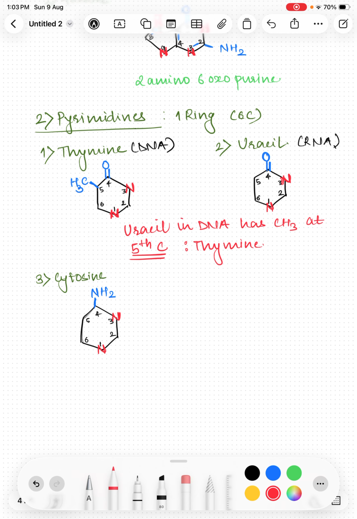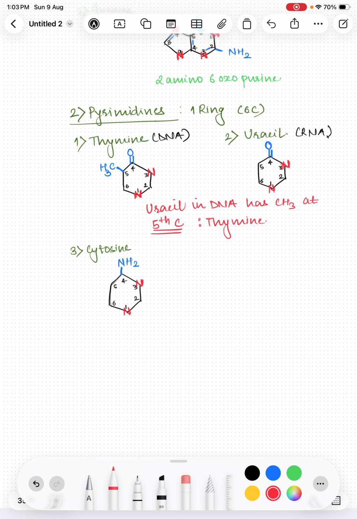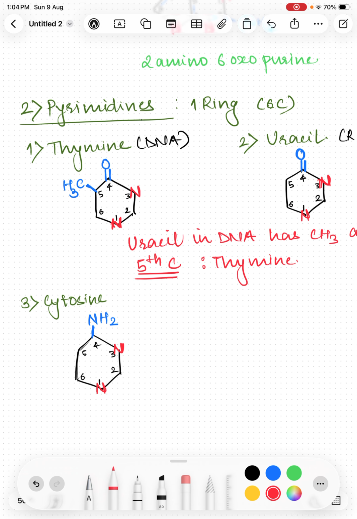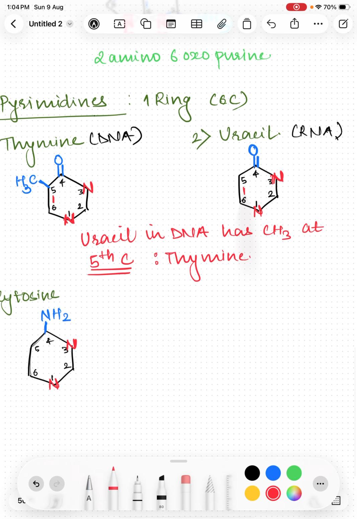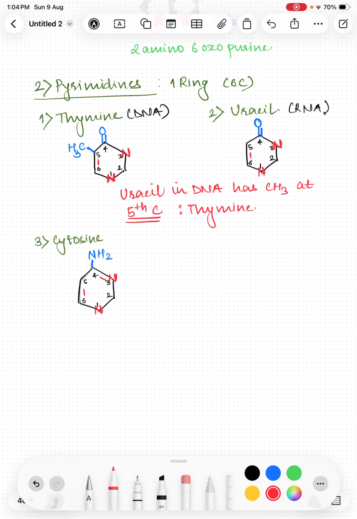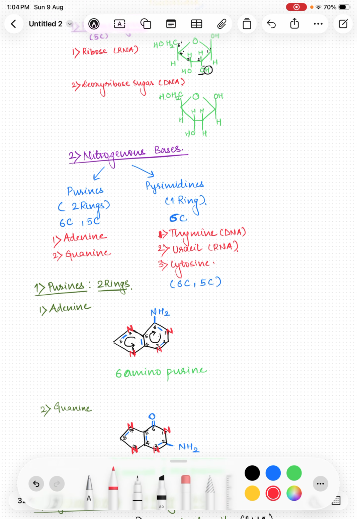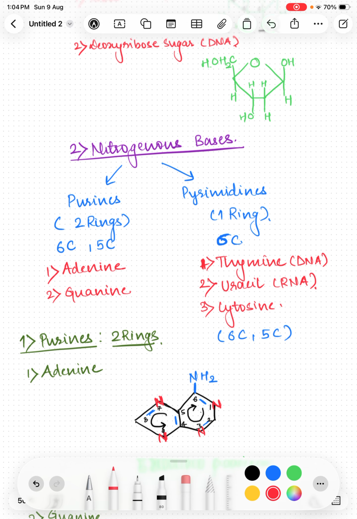Now again I will complete this structure by drawing the bonds over here. Okay. Now, how are these ribose sugars, or you can say pentose sugars, and nitrogenous bases joined together?